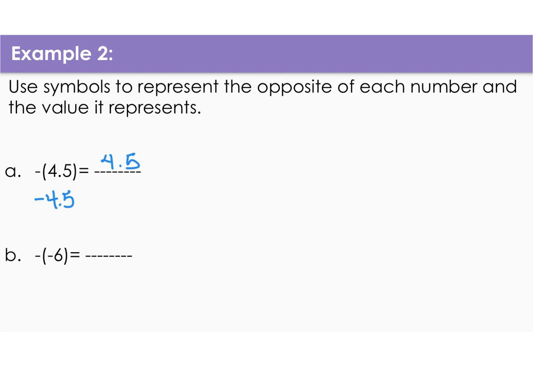-6. So if I change this to use the word opposite, the opposite of -6, or the opposite of 6. So if I start out with 6 on the number line, we're just going to start right there, because that's the number. -6 is here, and then the opposite of -6 is going to be back here.